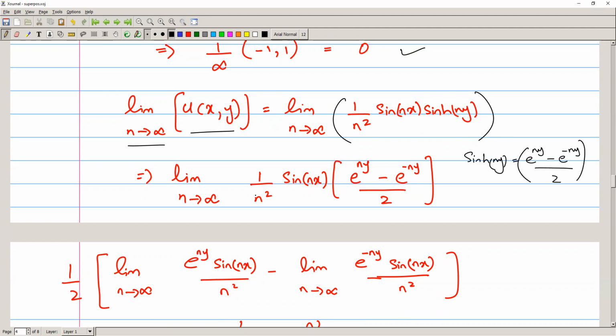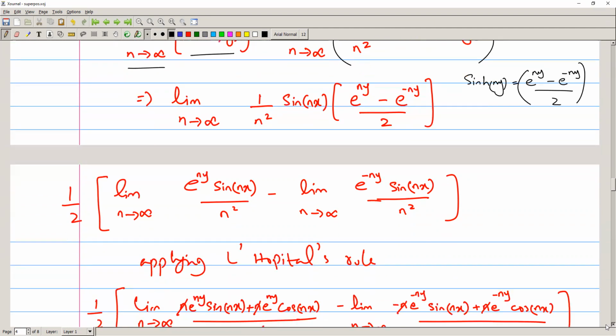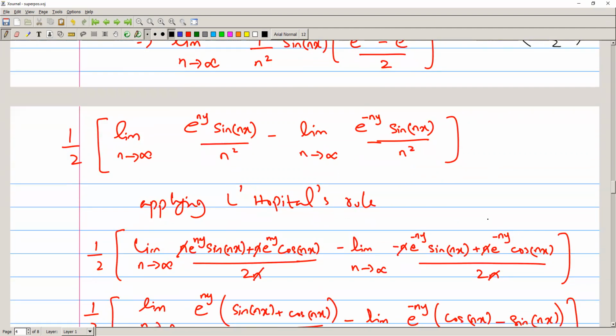If we apply the limit directly on this function, we will get an indeterminate form, because it will be infinity in the numerator and again infinity in the denominator. So to avoid this chaos, we want to apply L'Hopital's rule to get the limit, right?